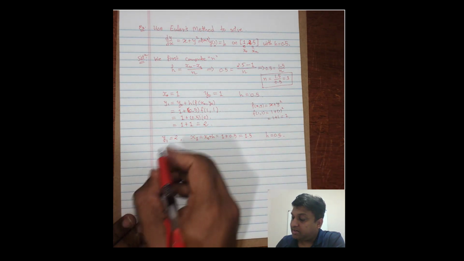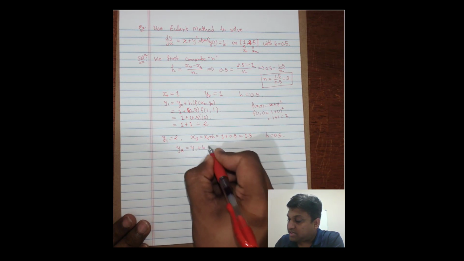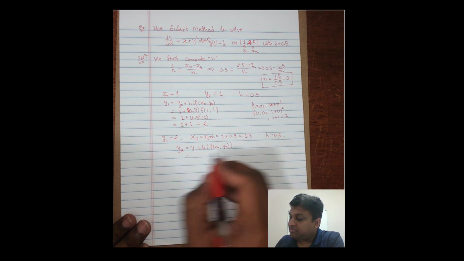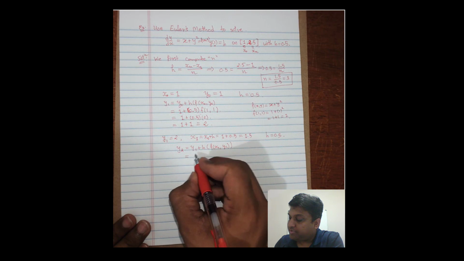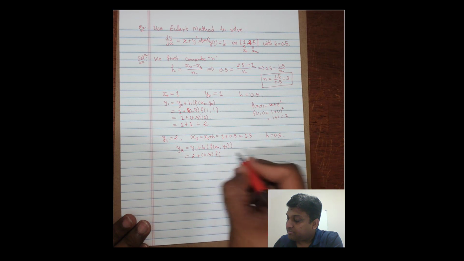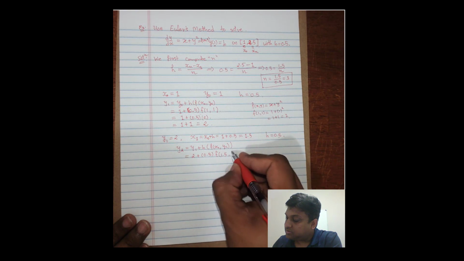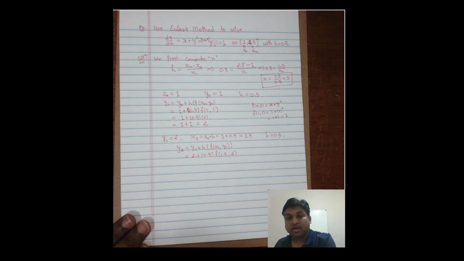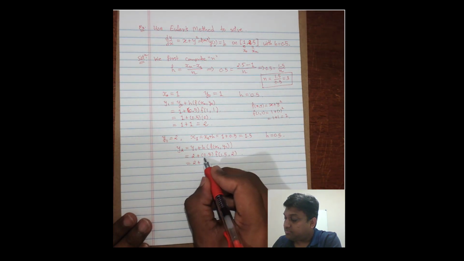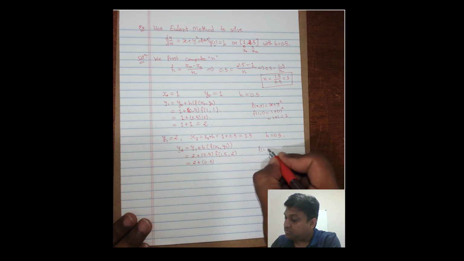So I get y2 equal to y1 plus h times f at x1, y1. Throw the values in. y1 is going to be 2. This is 0.5. f at x1 is 1.5, and y1 is 2. Alright, let's obtain this value. Looks like we get 2 plus 0.5 multiplied by, let's obtain this, 1.52.